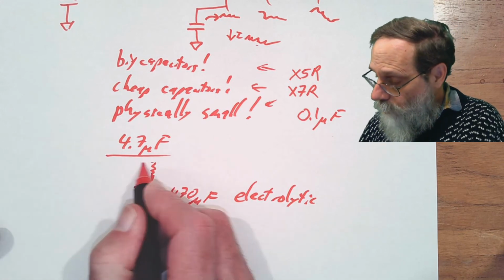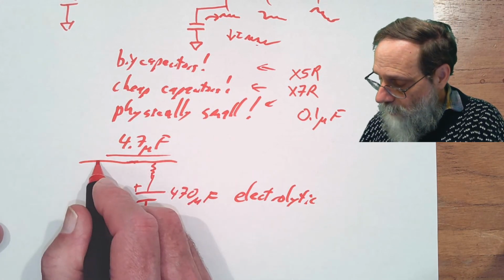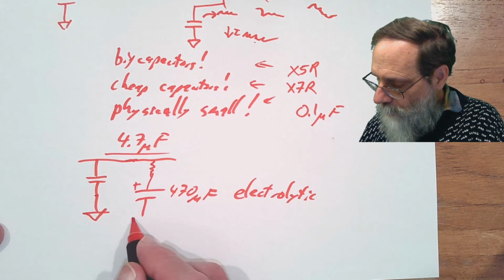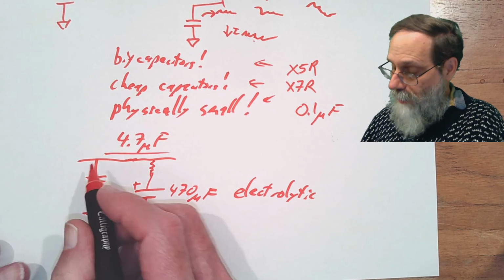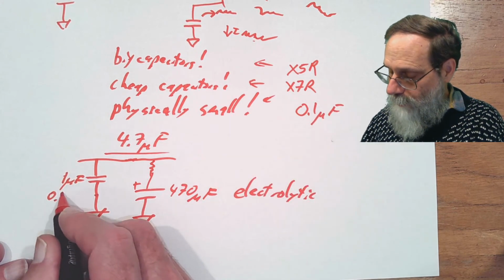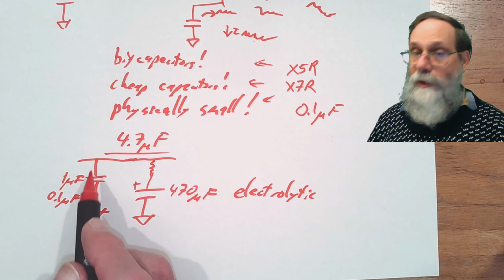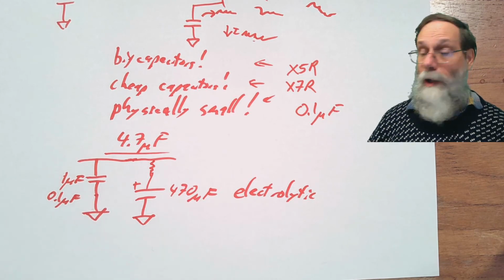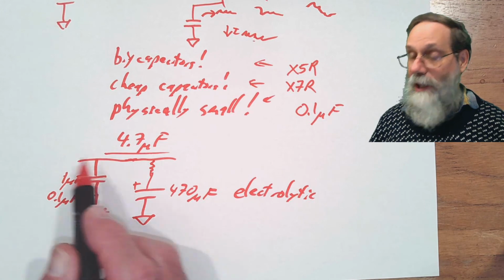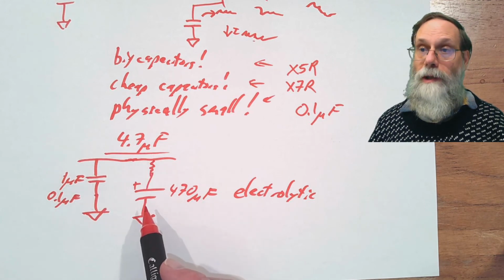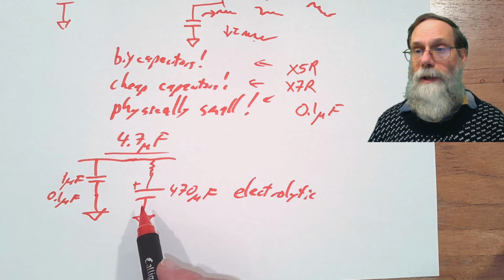So quite often when you've got a big capacitor like that, you will often see a small capacitor put in parallel with it, and this one might be 1 microfarad or even the 0.1 microfarad. And this capacitor is one that doesn't have such a large series resistance, and so it can take care of the higher frequency stuff that this thing still has too much impedance really to do much about.